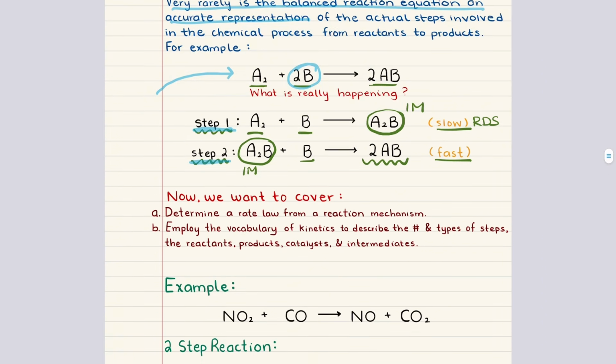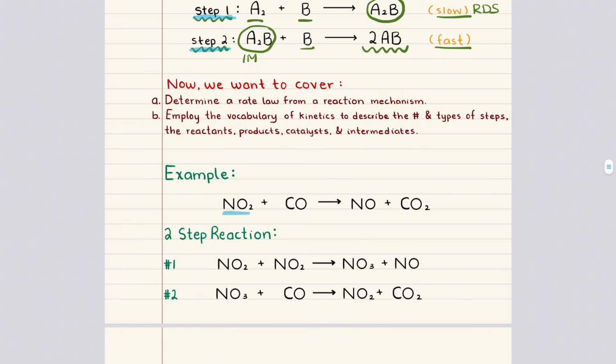Here's another example. Nitrogen dioxide reacting with carbon monoxide to form nitrogen monoxide and carbon dioxide. Experimental evidence shows that this reaction happens in two steps. In the first step, nitrogen dioxide reacts with another nitrogen dioxide molecule to form nitrogen trioxide and nitrogen monoxide.